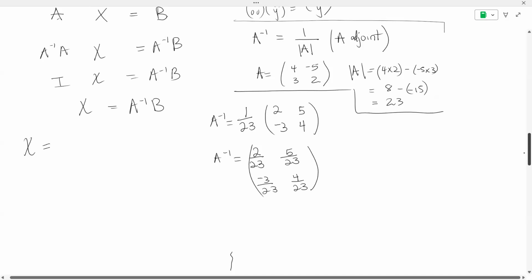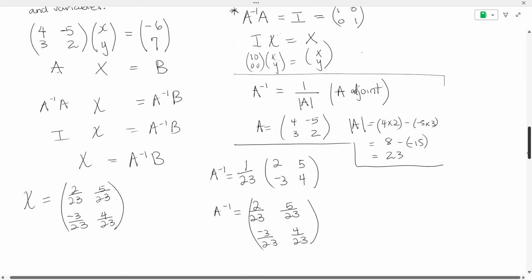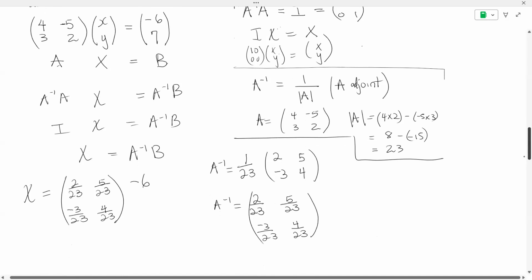So now we need to come back and work out A inverse by B. So let's put A inverse, 2 over 23, 5 over 23, negative 3 over 23, 4 over 23, by B. B was what? 6, negative 6, 7.